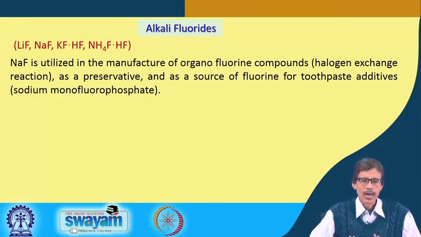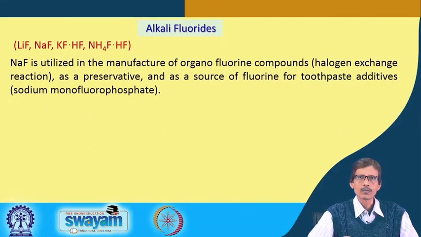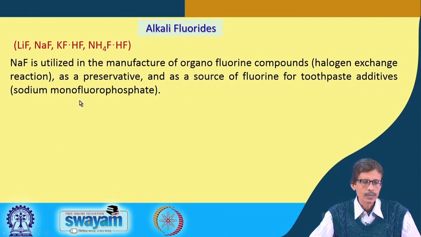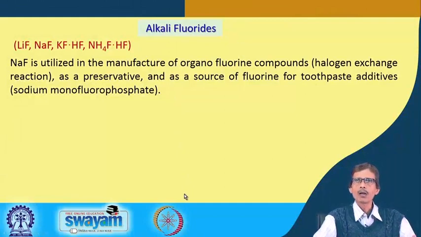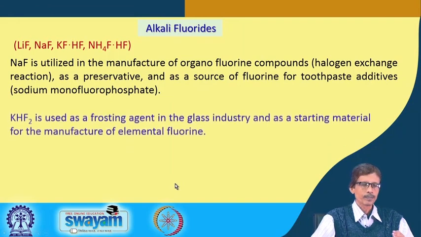Alkali fluorides, in terms of sodium monofluorophosphate, which can also be prepared from sodium fluoride, can be the corresponding supply for your biomineralization process. Because all these things, the phosphate derivatives, the fluoro derivatives and the fluoroapatite derivatives, are all mineral like materials. So, in situ on the teeth surface, we can make this material for the protection of your teeth.